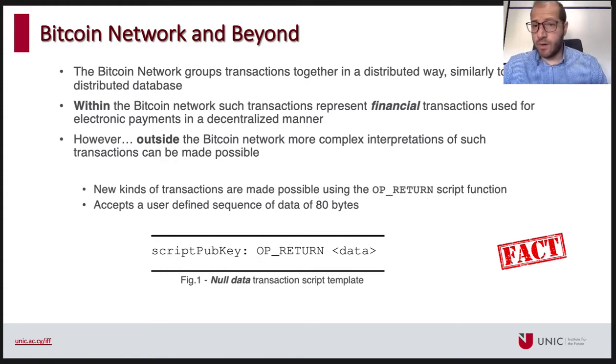So in general, very briefly, OP_RETURN is a script opcode used to mark a transaction output as invalid. And since, as we described, these transactions are unspendable, outside the network, such transactions can be used to enable powerful capabilities of the blockchain technology. And this is the first fact that I would like to kick off my presentation with.